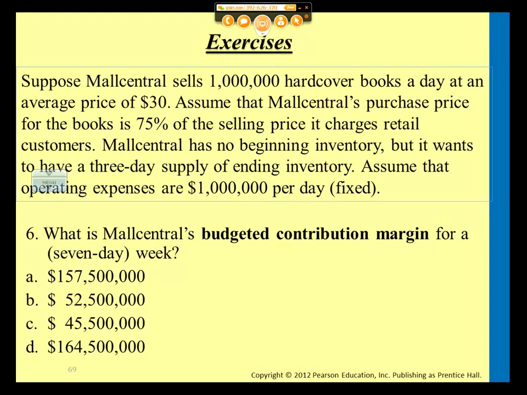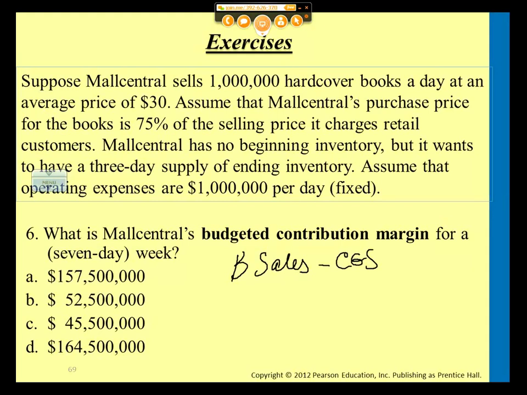Right? Okay, so we have cost of goods sold, and we have sales, but we are going to say it's budgeted sales. Budgeted sales minus cost of goods sold. So let's calculate this. What is our budgeted sales?